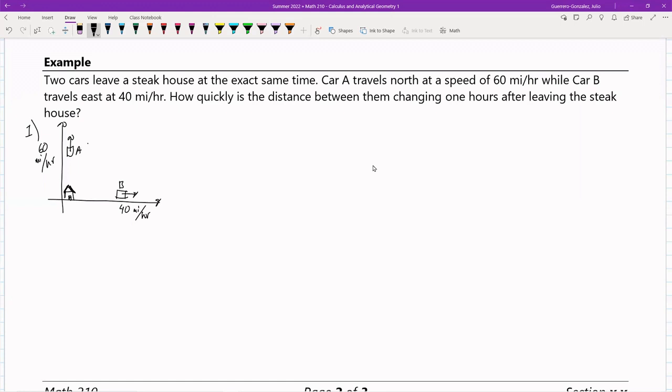We need to find how quickly the distance between them is changing at 1 hour. So the picture that I'm drawing right here is specifically at exactly 1 hour after they both leave the steakhouse.